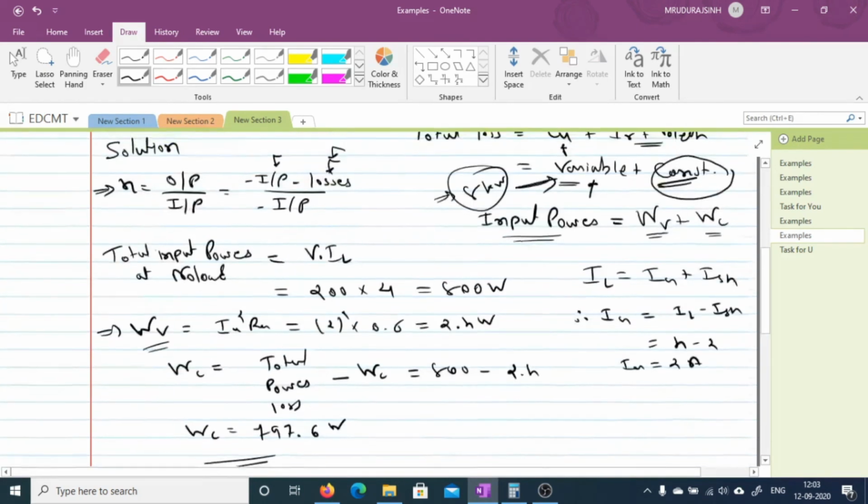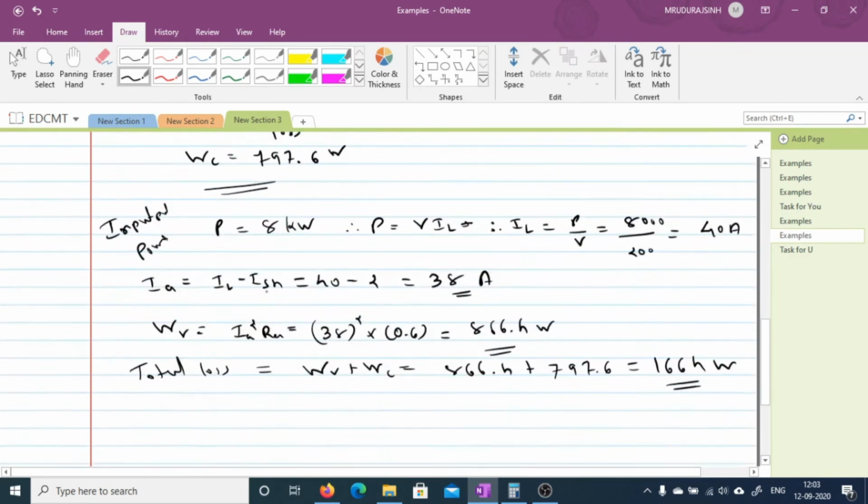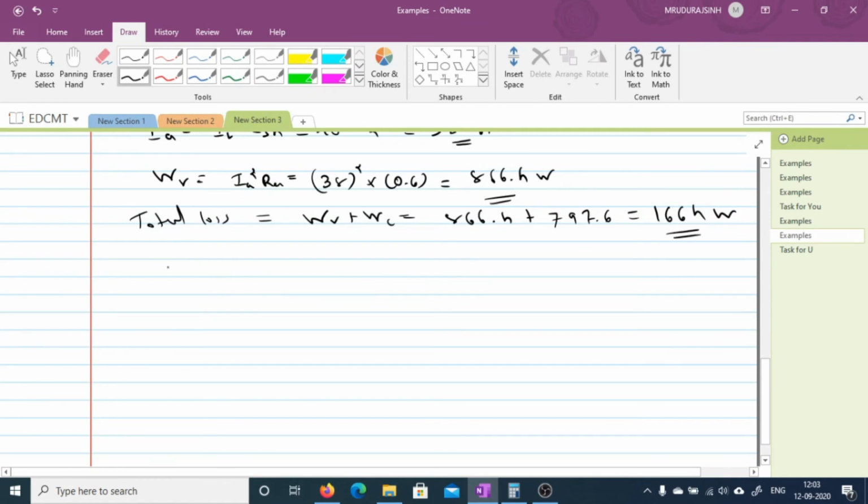And now from the equation of efficiency, we will place all the values. We know the input and we know the losses, so we can calculate the efficiency. Efficiency is equal to input minus losses divided by input.